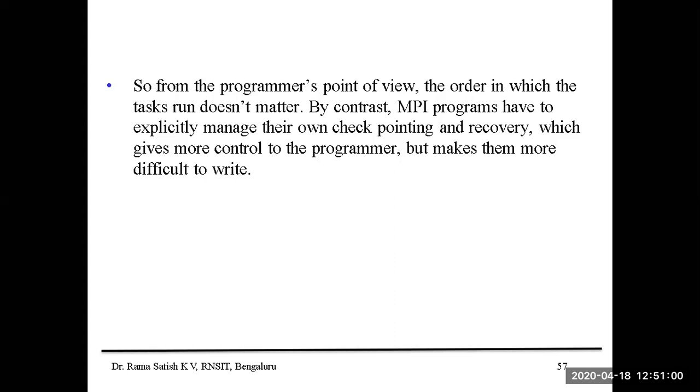By contrast, MPI, message passing interface programs, have to explicitly manage their own checkpoints and recovery, which gives more control to the programmer but makes them more difficult to write. MPI programs are not so easy. Compared to those, MapReduce programs are very easy, even though they handle a sufficiently large amount of data.